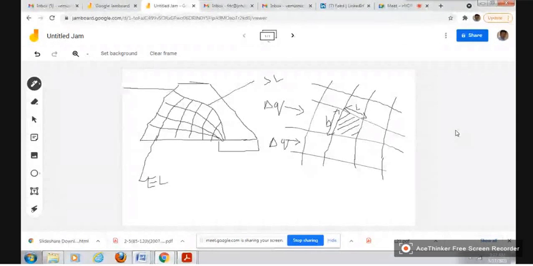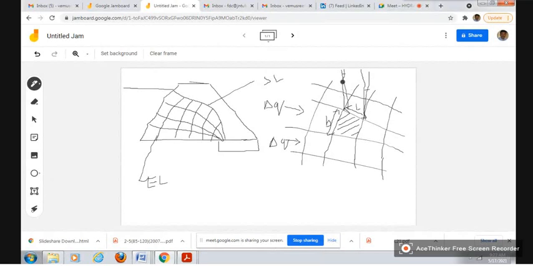If you have one piezometer here and another piezometer here, the mercury level difference is the difference between these two equipotential lines.